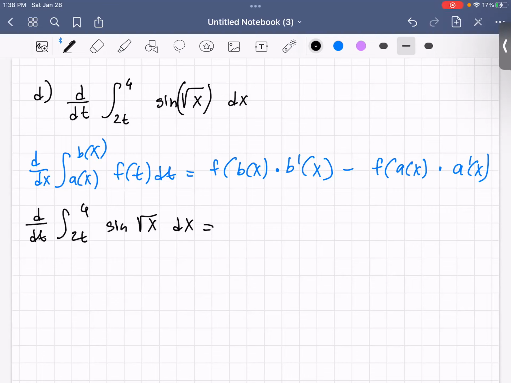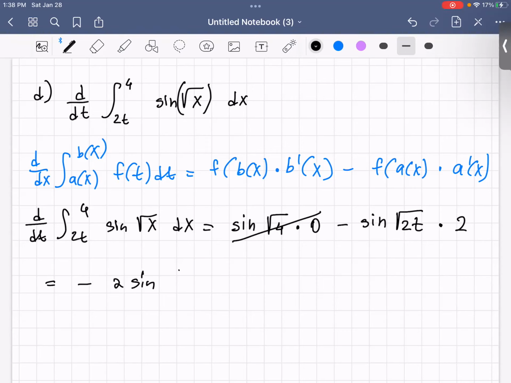So sine of square root of 4 times the derivative of 4, which is 0. So it cancels out, minus sine of the derivative of 2t, times 2, because 2 is the derivative of 2t, and so we have minus 2 sine of square root of 2t.